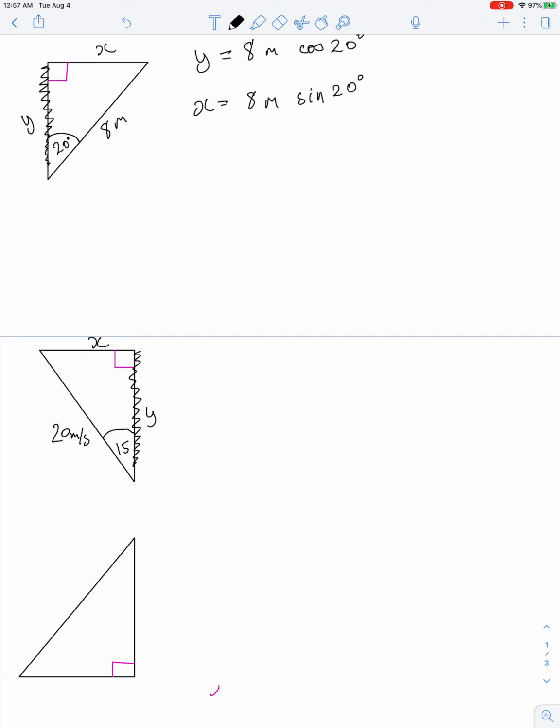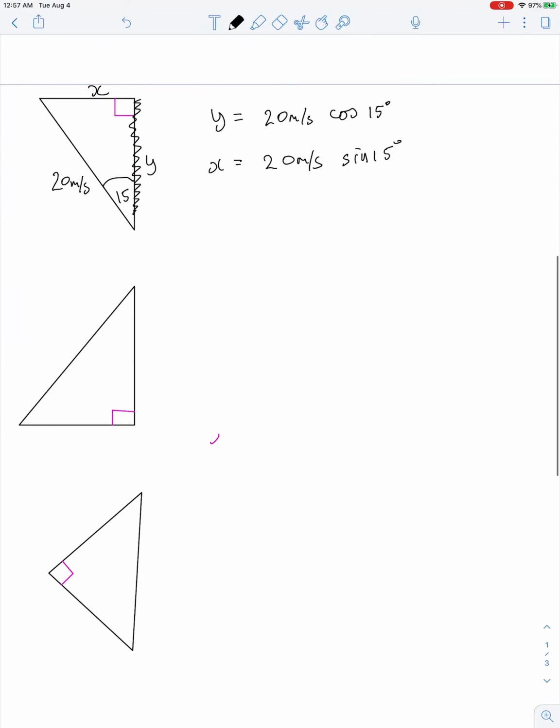So therefore, Y is 20 meters per second cosine of 15 degrees. Therefore, X is simply 20 meters per second sine of 15 degrees. Don't let this ever get you confused.